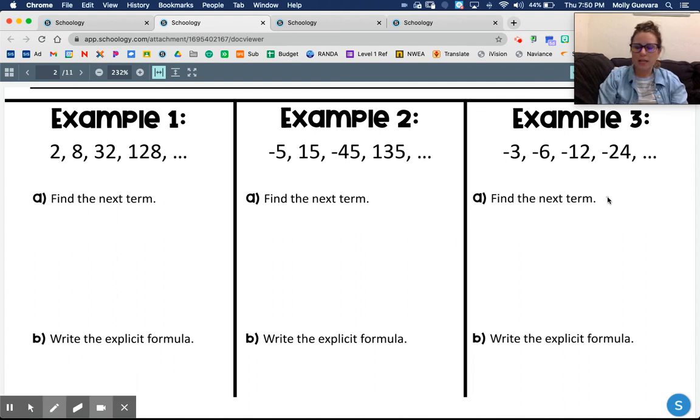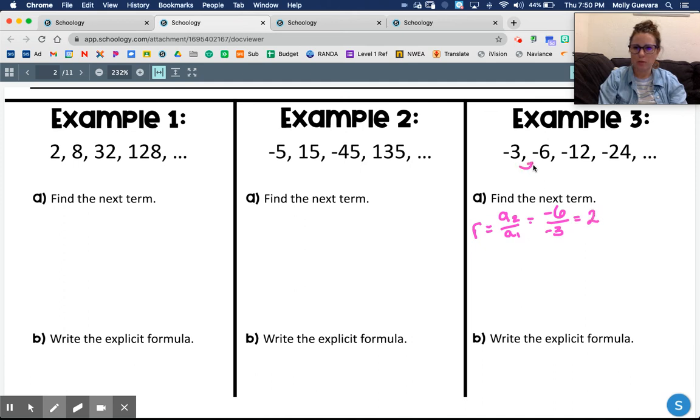All right, so again here, if you're like, hey, I have no idea what I'm multiplying by every time, we can use our common ratio, right? Second term divided by first term. So -6 divided by -3, which is 2.